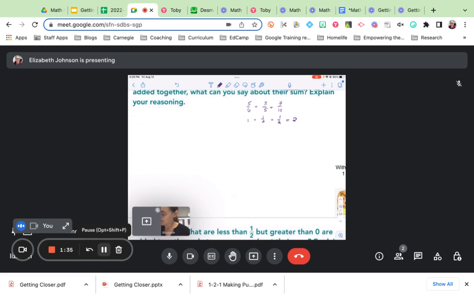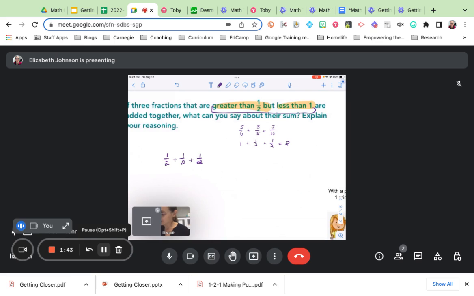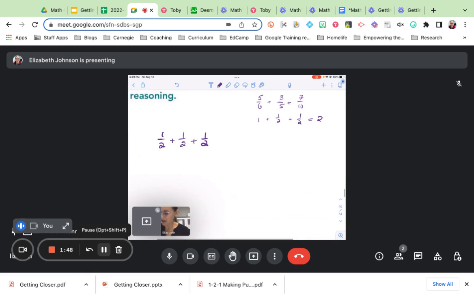What if instead of choosing three numbers like that, I chose 1/2 three times? It's not really allowed to choose 1/2 because I need numbers greater than 1/2, but this will at least give me a lower bound for my answer. 1/2 plus 1/2 plus 1/2. Let's see. 1/2 plus 1/2 is 1. And 1 plus 1/2 is 1.5.